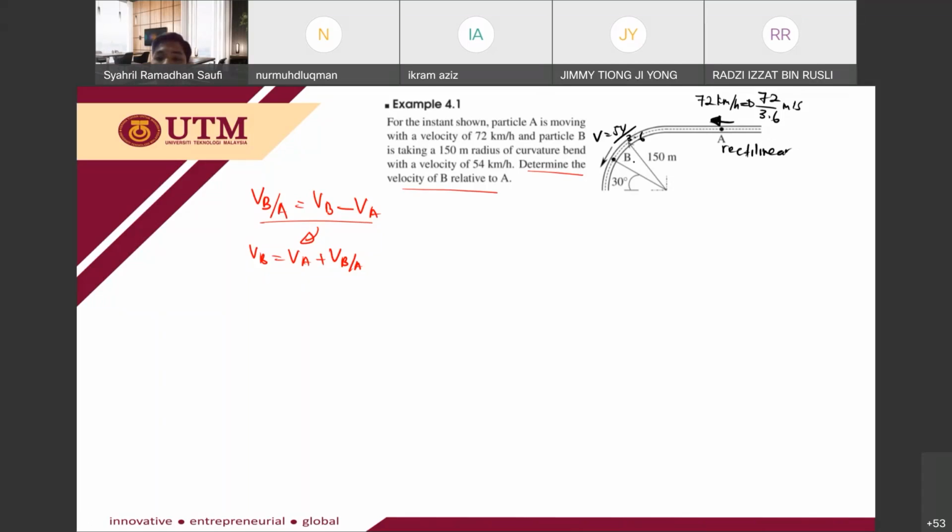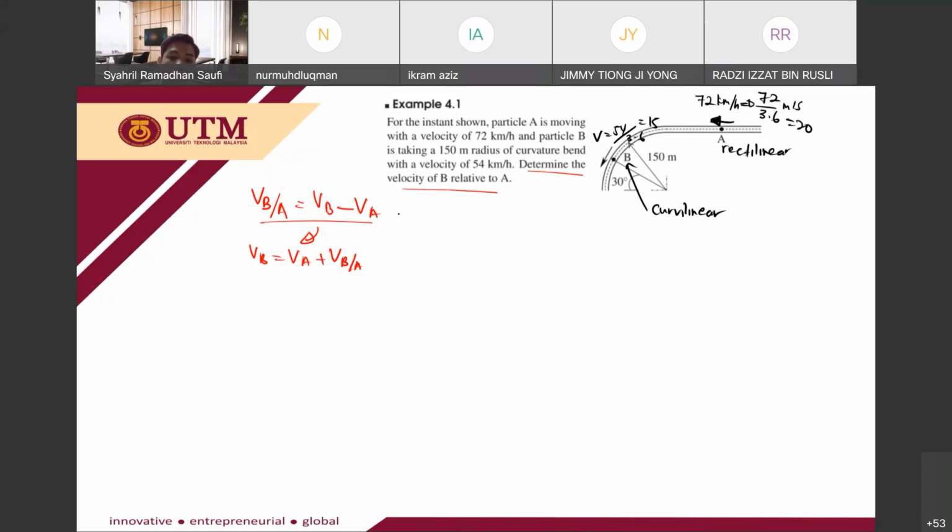At this position it moves with curvilinear motion. Here is actually 20, here is 15. So then here you have the information.